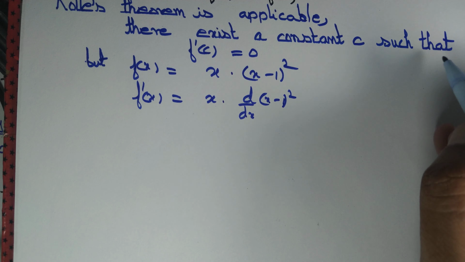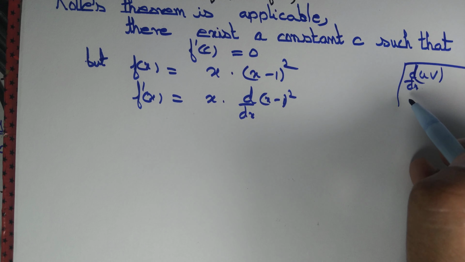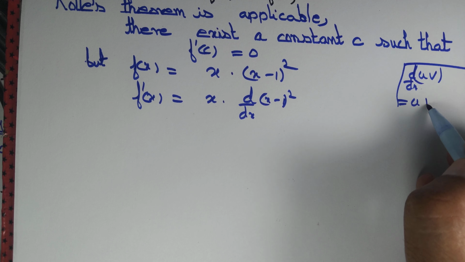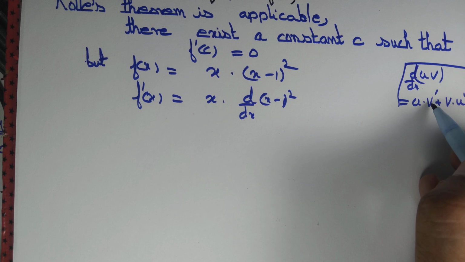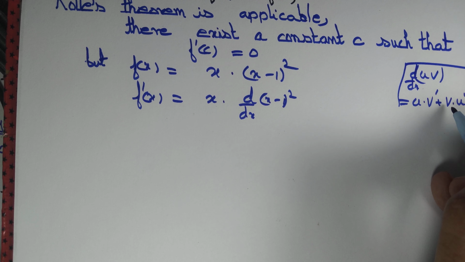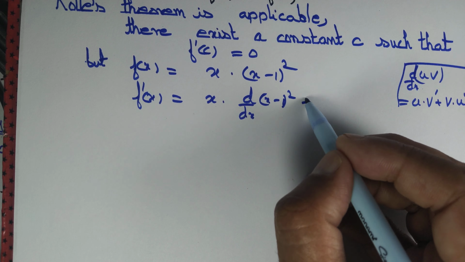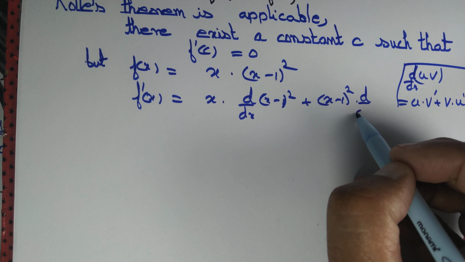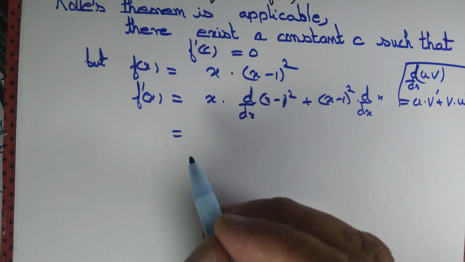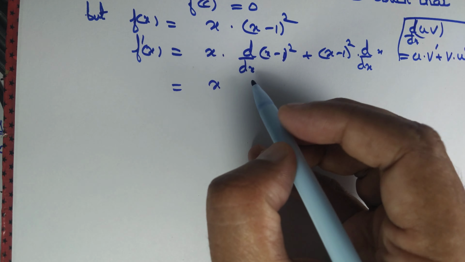We are simply applying the uv rule, d/dx of uv, that's simply equal to first function u times v dash plus v times u dash. So first times derivative of second plus second times derivative of first. Derivative of (x minus 1) whole square, we can apply power rule.